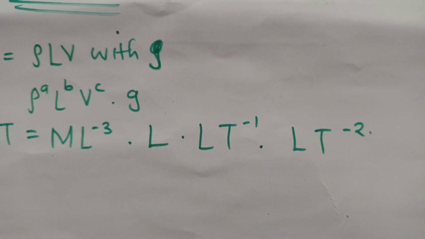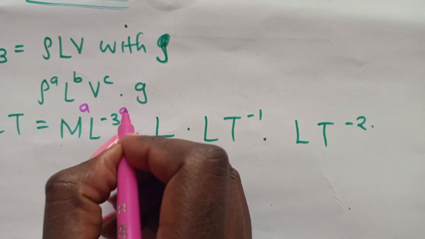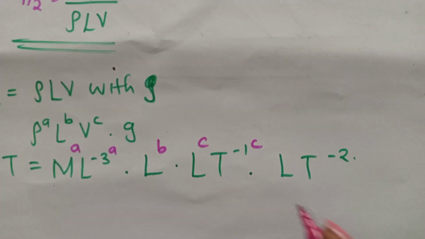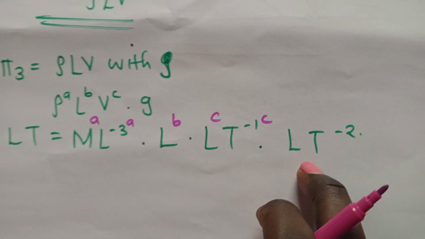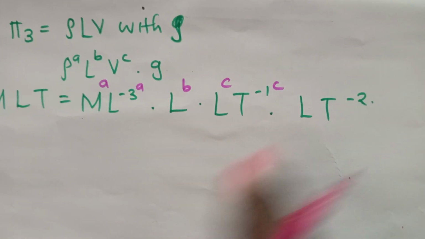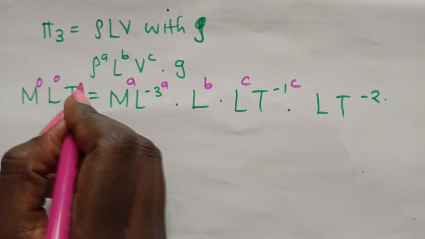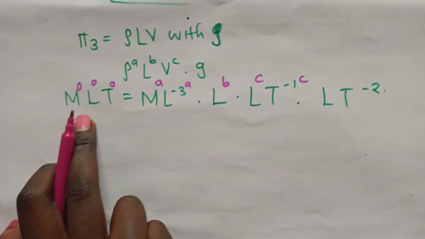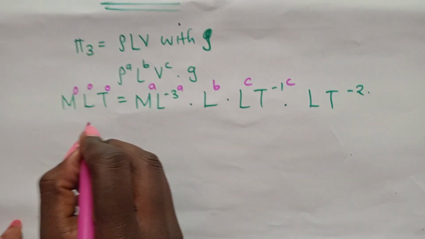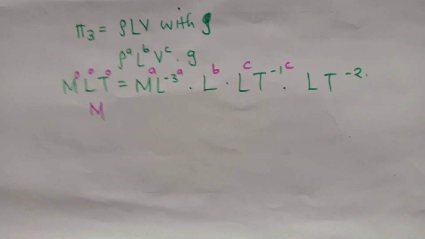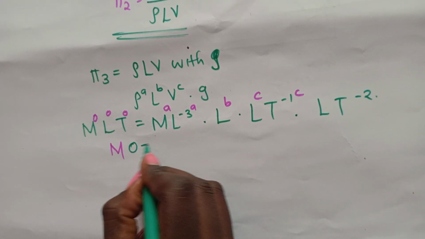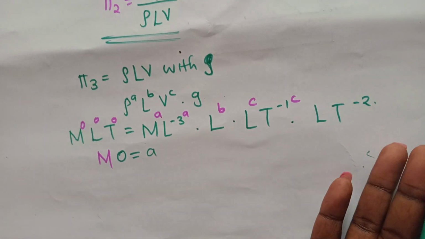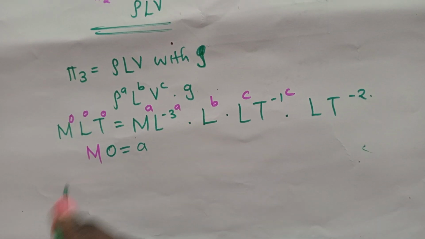So remember the powers. Let's indicate this is A for the density, B, C, and we said that we are not adding powers in the last dimension, so this raised to 0, 0, and 0. Now let's identify all powers for M, for L, and T. So M: 0 is equal to A, and we don't have any other value for M, so that one is done.